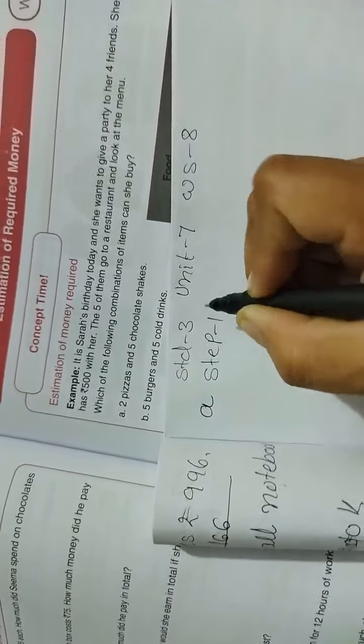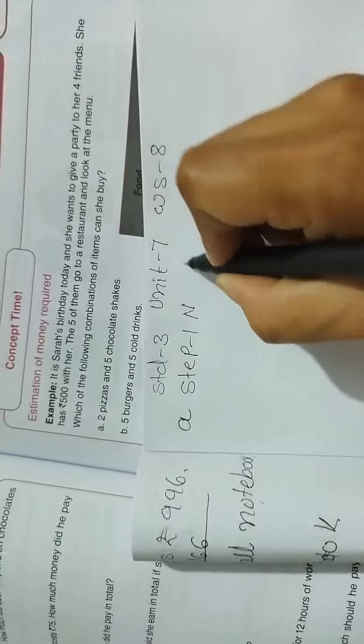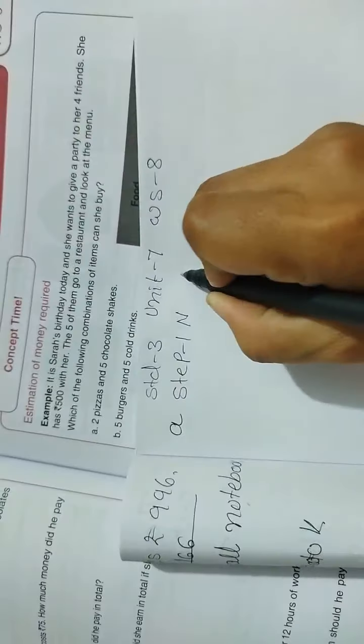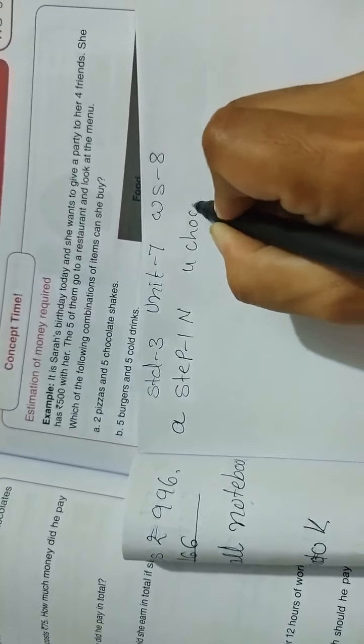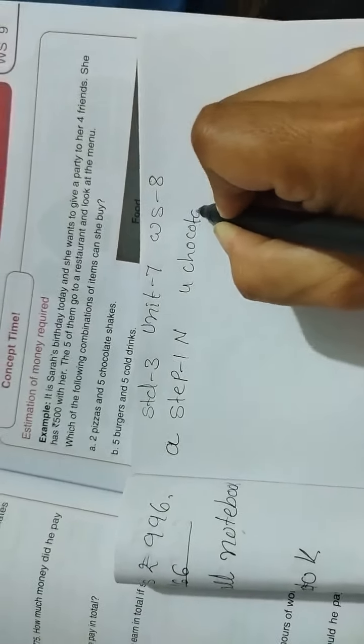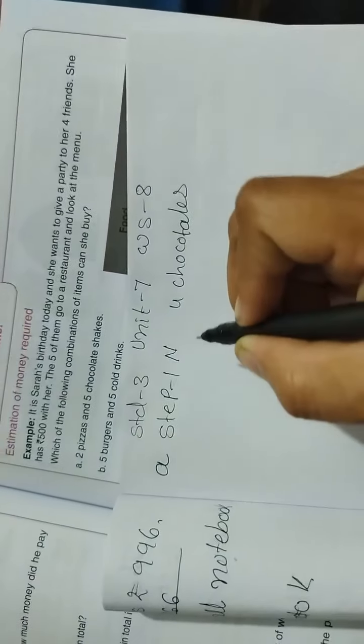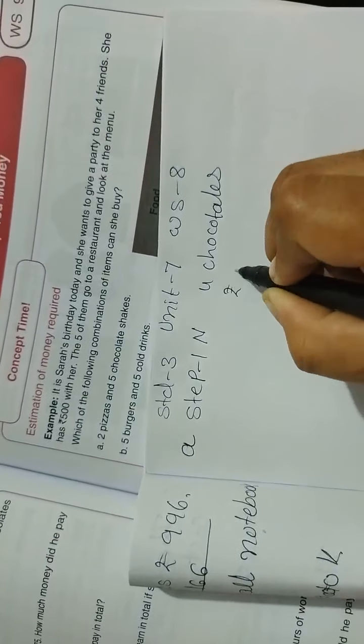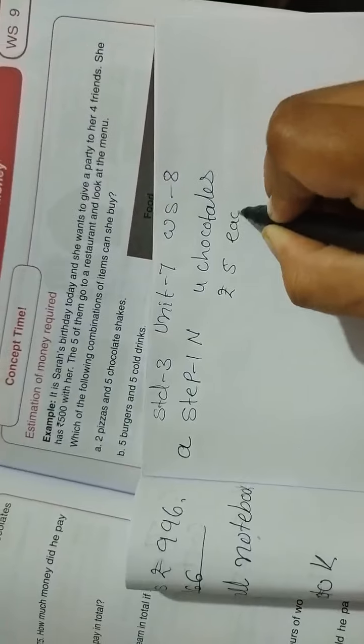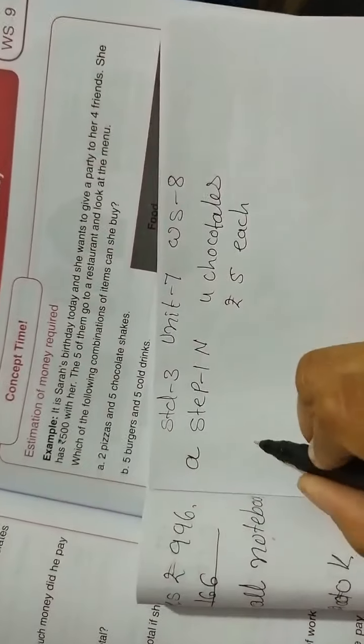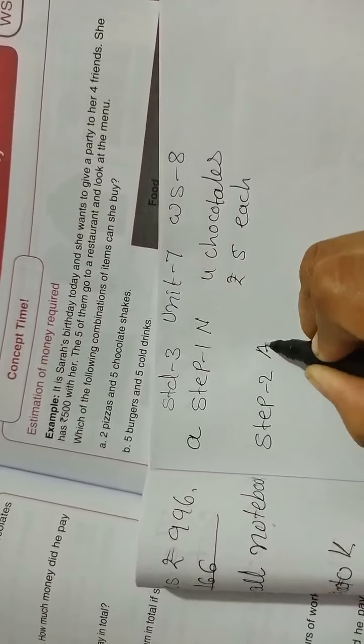Step number 1, numbers and keywords we have to find. So here 4 chocolates, rupees 5 each. Now step number 2, ask what they are asking.